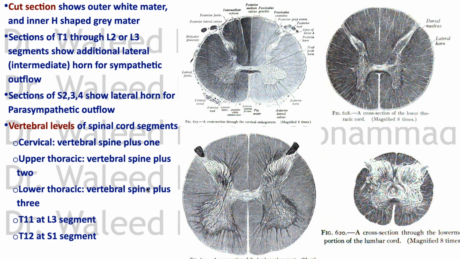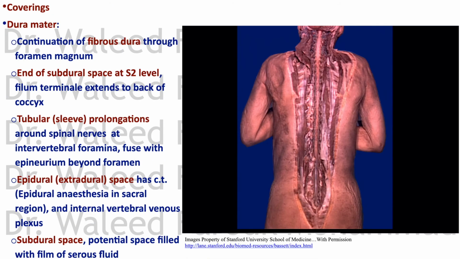For example, if you are at the level of the 9th thoracic vertebra, you are at the level of the 12th thoracic segment. T11 is at the L3 segment, and T12 vertebra is at the S1 segment. And remember, the conus medullaris was between vertebra L1 and L2.